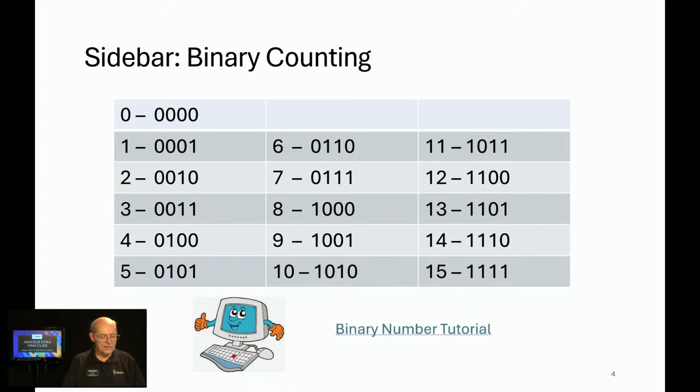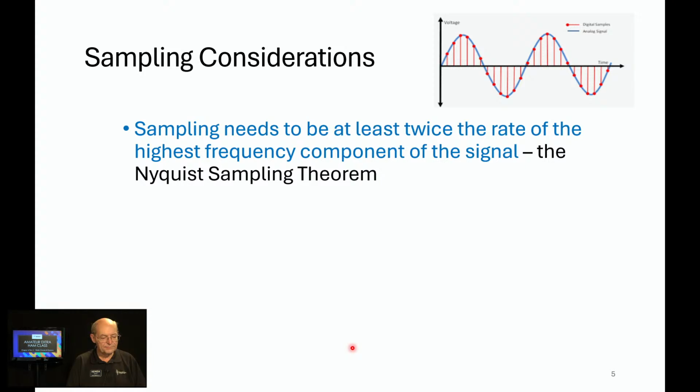So in this case, we can represent any of 15 states, 16 if you count 0, as a binary number representing decimal numbers, which of course we understand a lot better because we have 10 fingers and 10 toes. And I had a link here if you're interested in learning more about binary numbers. You can dig into it.